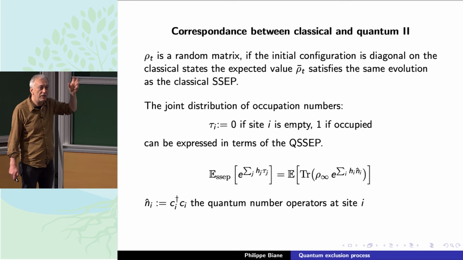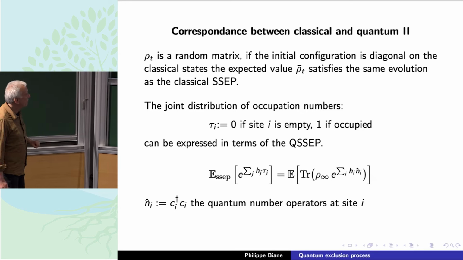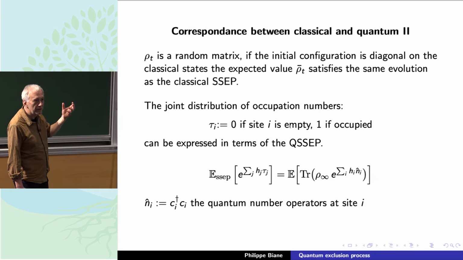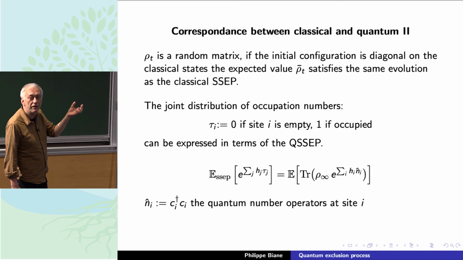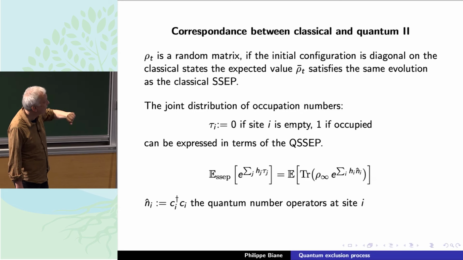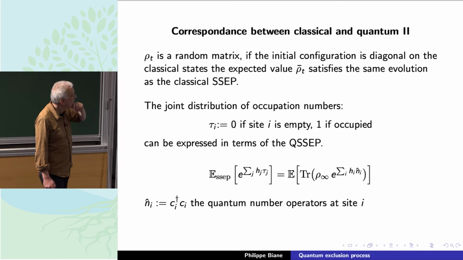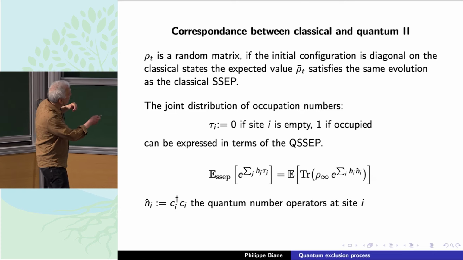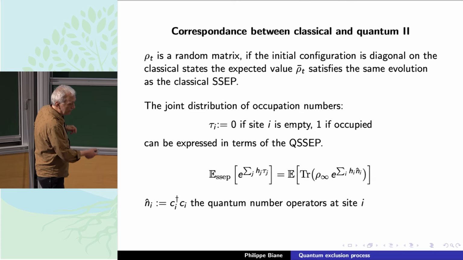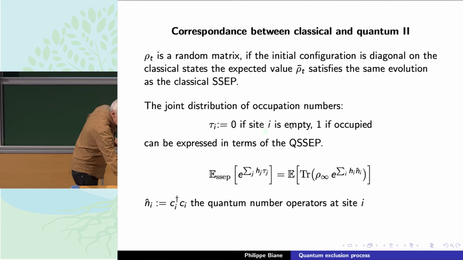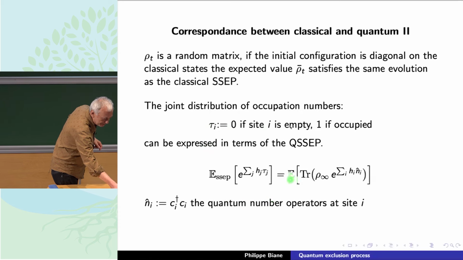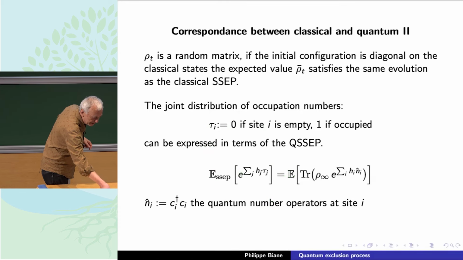The Ci dagger Ci are operators which count if there is a particle at site I. They are the quantum version of the tau I in the quantum model of the QSSEP. So on the left you have the classical random variable, and on the right you have the quantum.